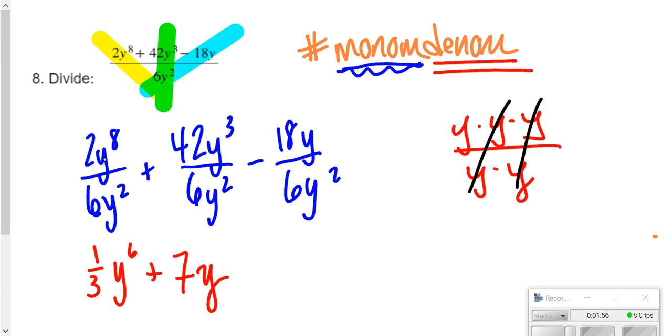You'd have 8 y's multiplied together and 2 y's multiplied together. 2 pairs would cancel. In the last piece, you have 3, and then you have a single y on the top. You have 2 y's on the bottom. These pairs would cancel, so you'd be left with a y in the denominator. And that would be the answer to our division problem, manam denam.